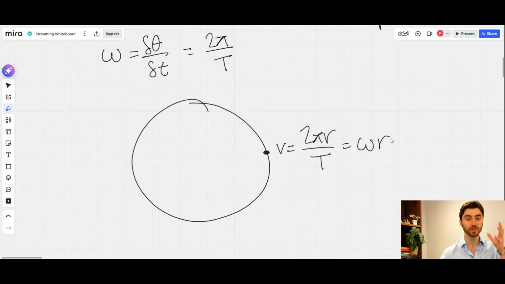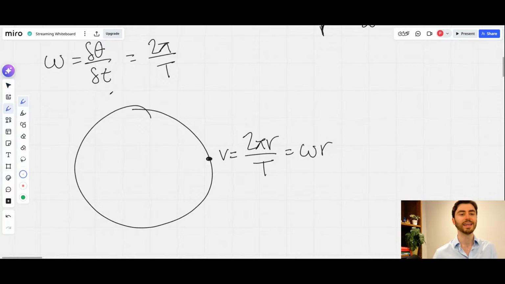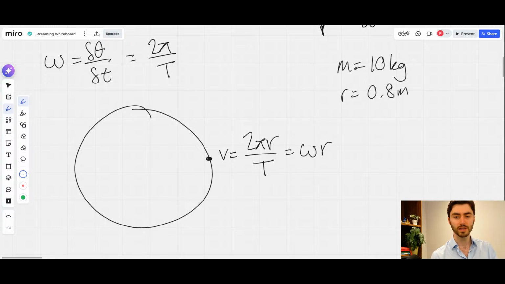in certain questions. So for instance, a common question type, which kind of trips people up from my experience, is if they're talking about revolutions per minute, for instance. So let's say something has a mass of 10 kilograms and it's going round in a circle of radius 0.8 meters and it's going at 200 RPM.